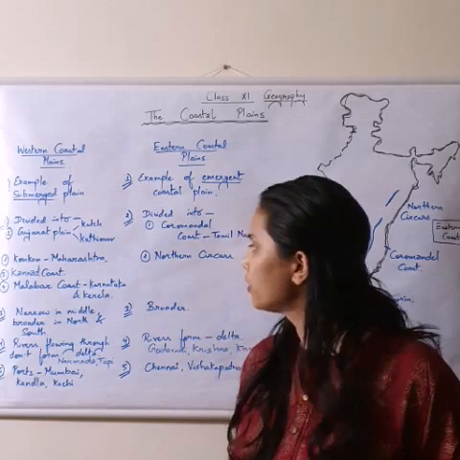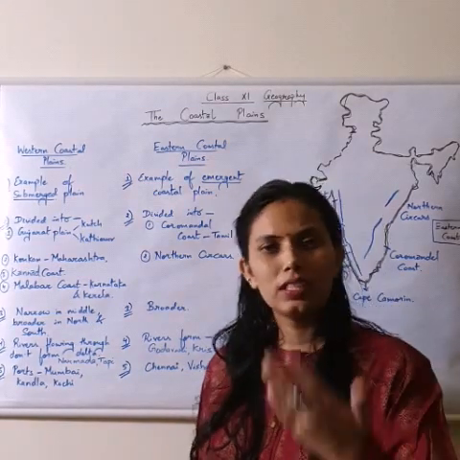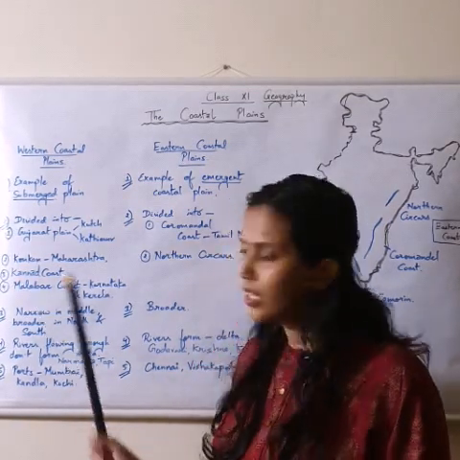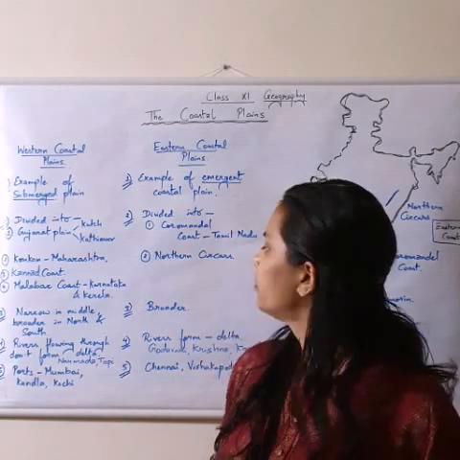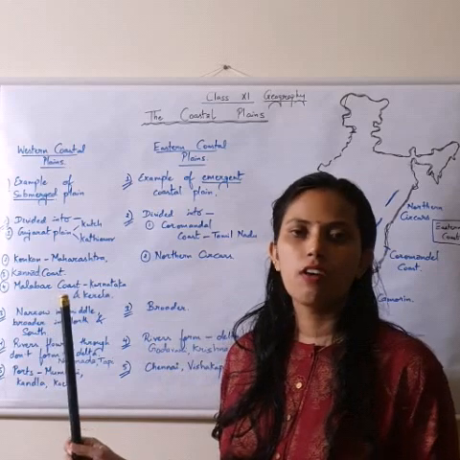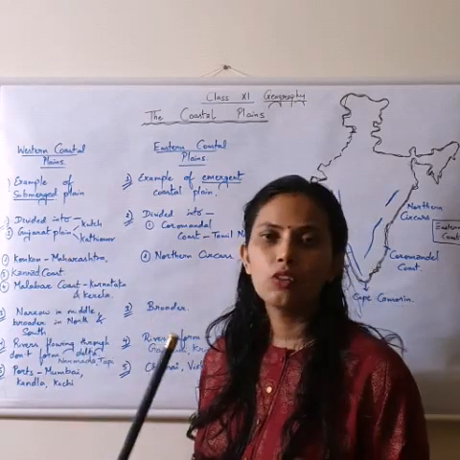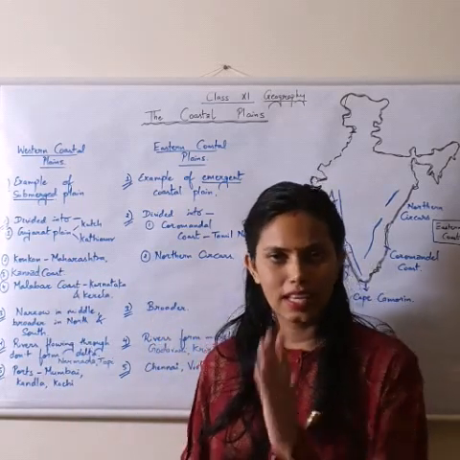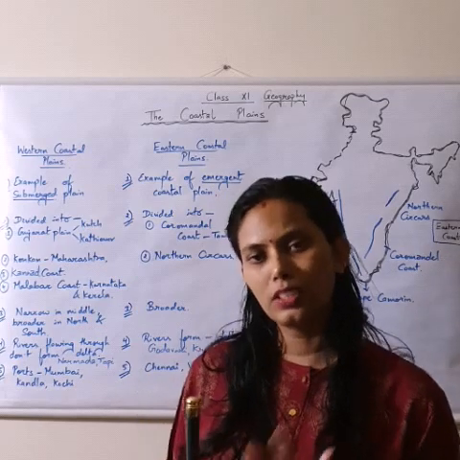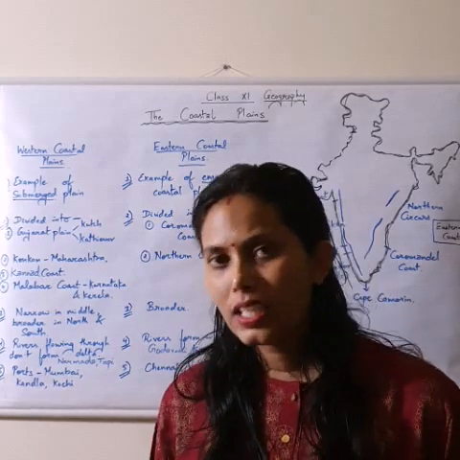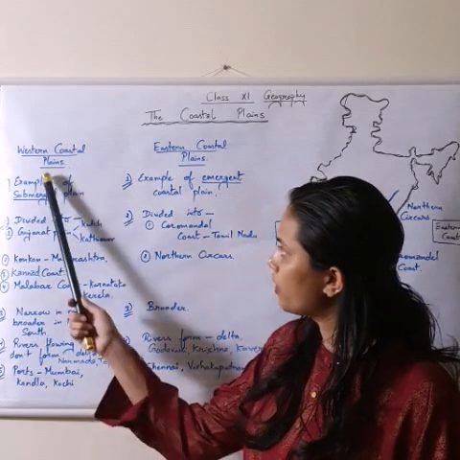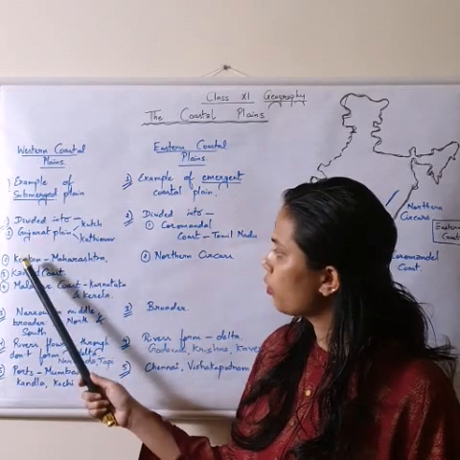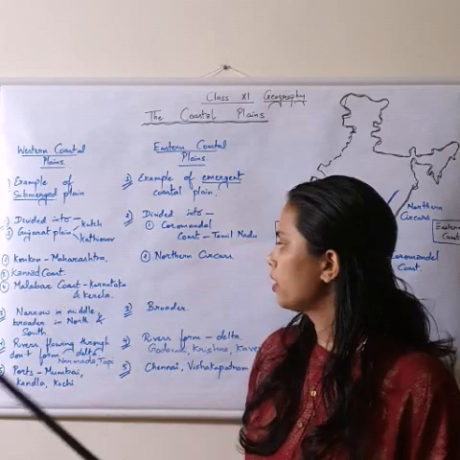That is Konkan plain. To the south of Konkan, we have the Kannada coastal plain, covering parts of Goa and Karnataka. And the last division of the western coastal plain is the Malabar coast, where Kerala state is. That part of the western coastal plain where Kerala is, that is called Malabar plain. So there are 4 subdivisions of western coastal plain: Gujarat, Konkan, Kannada, Malabar.